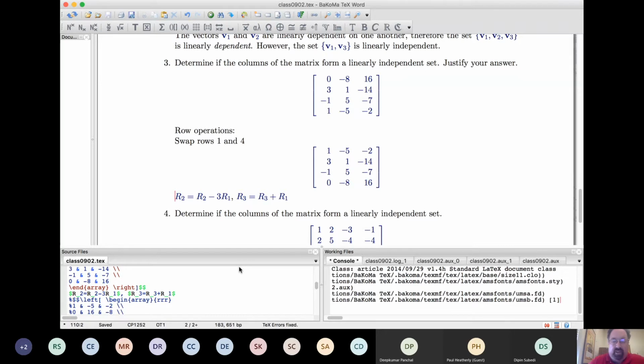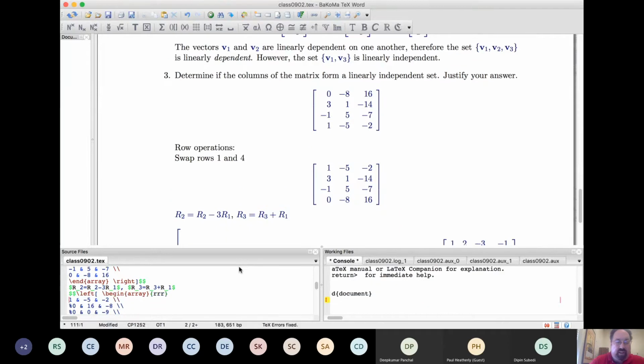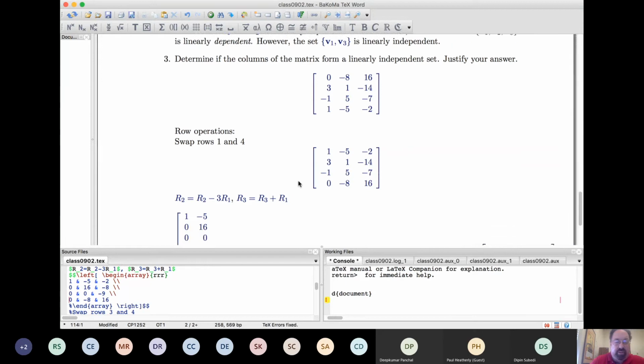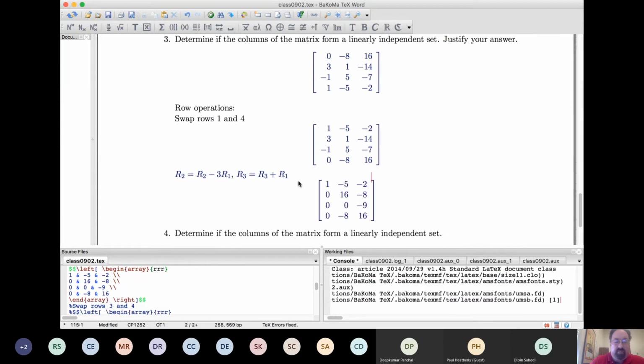Sometimes it's helpful, especially when you have matrices like these that are all integers, to scale a row or swap rows to make subsequent row operations easier. The same applies for these rows that are remaining.